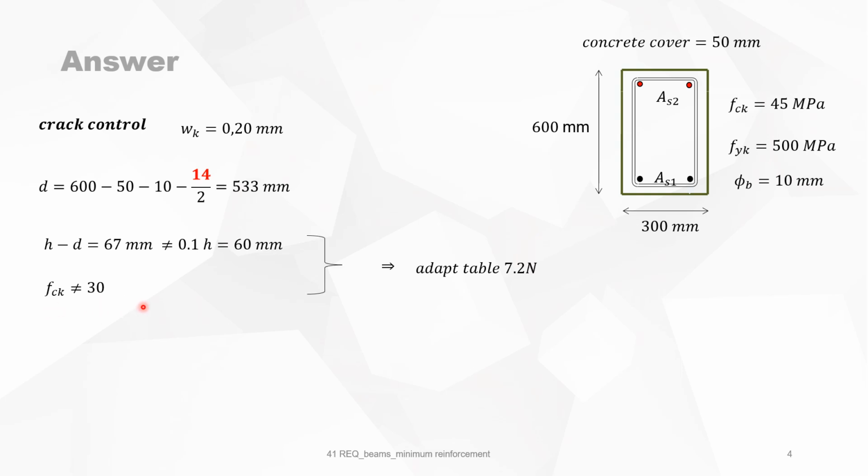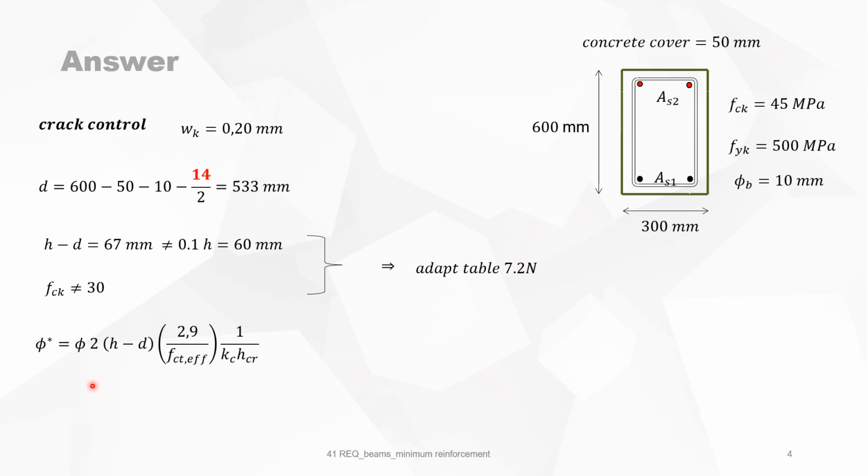So this means that we have to adapt table 7.2N, which gives you the maximum steel stress in function of the bar diameter to obtain a crack control of 0.2 millimeters. This table was generated with those two conditions, but we are not complying with those conditions, so we have to adapt this table.